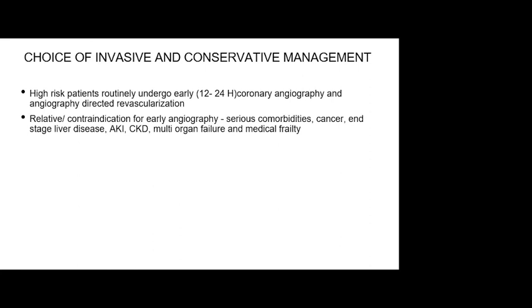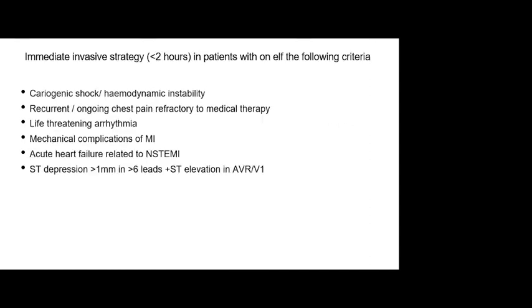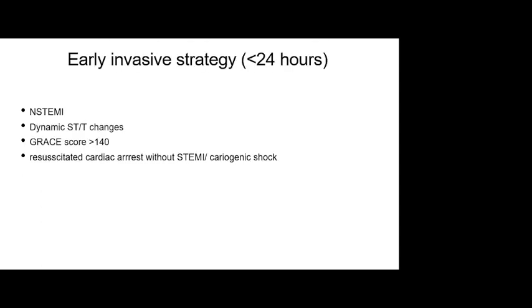If stentable, stent; otherwise, if stents are not possible, you go for bypass surgery, depending on the coronary artery anatomy. Also, a certain percentage of patients can come with life-threatening complications due to non-STEMI, such as cardiogenic shock, recurrent ongoing angina, and life-threatening arrhythmias. Those you have to take within 2 hours of hospital admission.